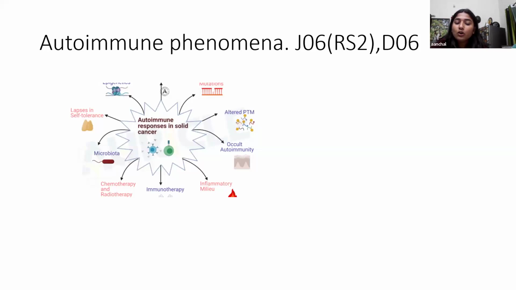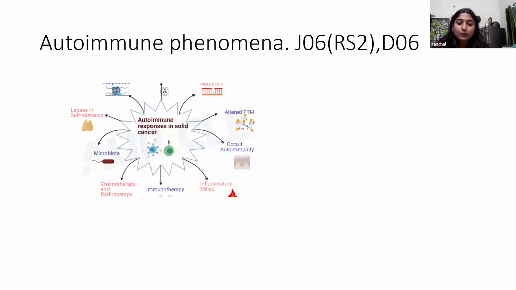Basically, autoimmunity is the failure of immune tolerance. The genes that people inherit contribute to their susceptibility for developing an autoimmune disease.